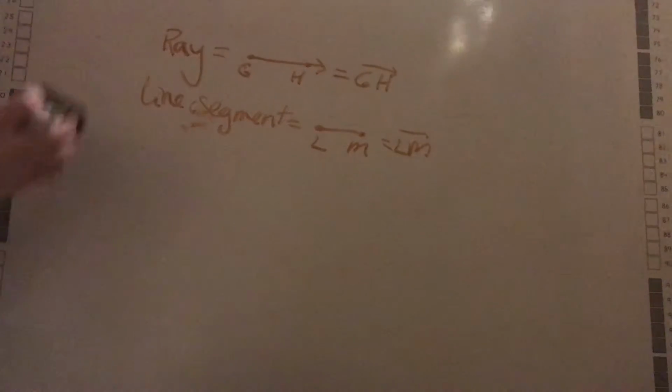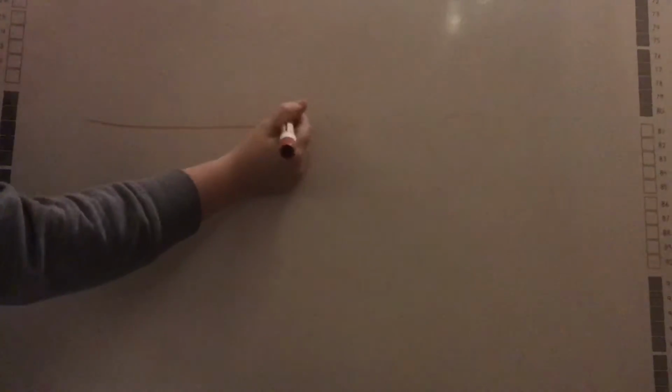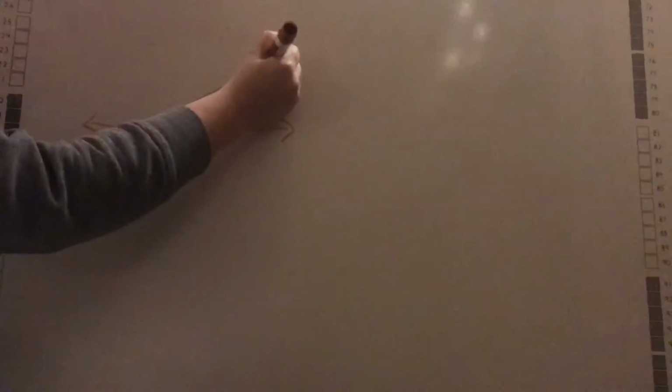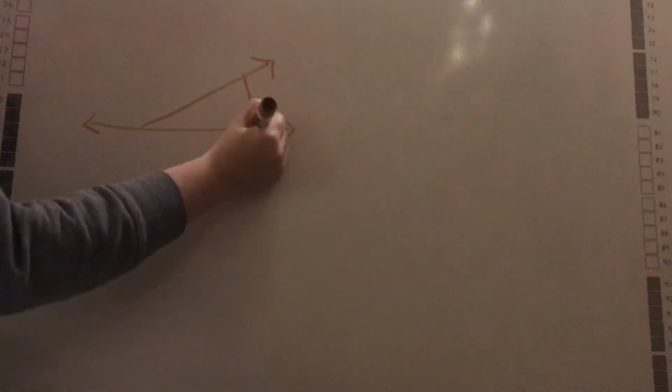So they give us in example 2 this strange triangle looking thing where we have this line coming out like this, and then a ray going this way, and then a segment there.